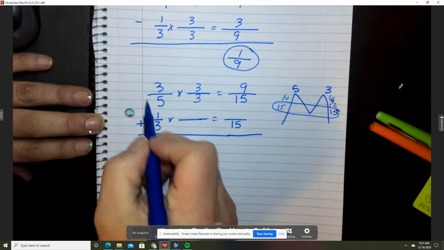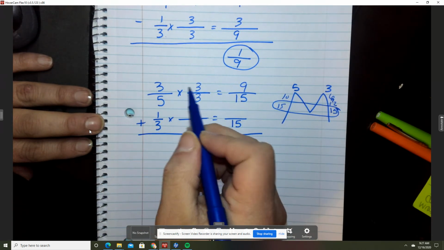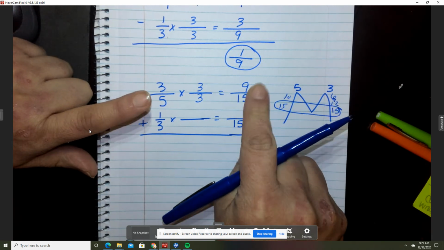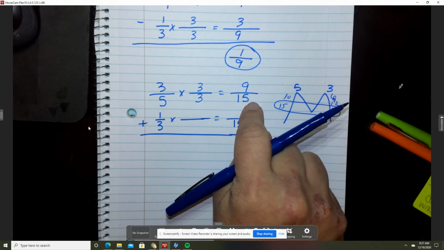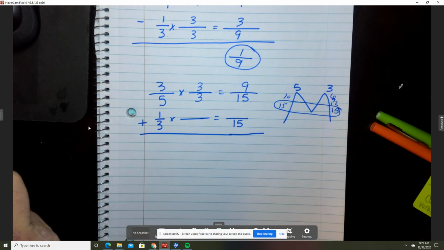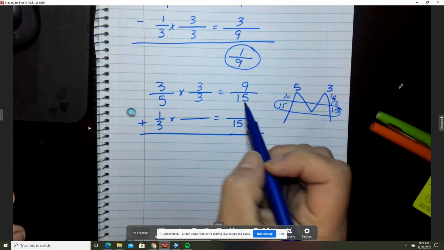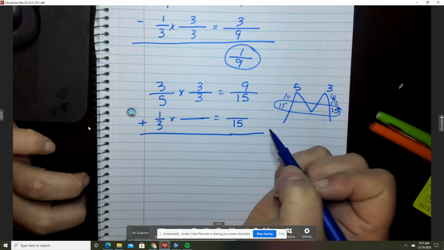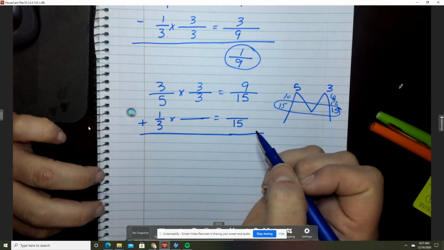Okay. So you're taking this fraction and you're changing it, even though these are equivalent fractions, which means these are equal. 3/5 equals 9/15. Okay. So you're just taking these fractions and making an equivalent fraction using the denominator 15. Okay. So that way we can add and subtract easily.